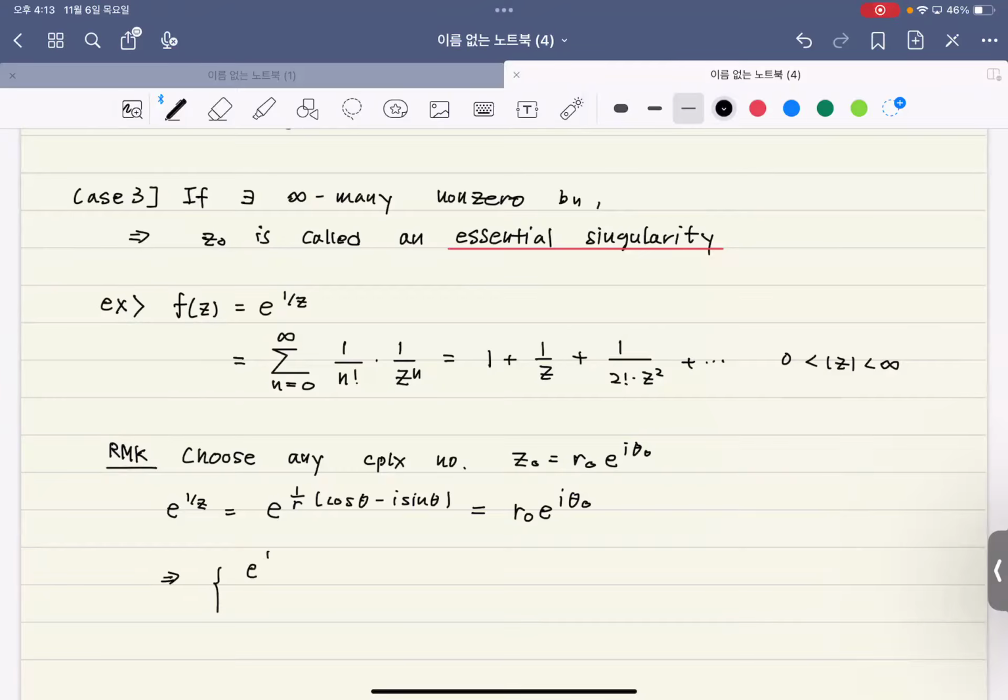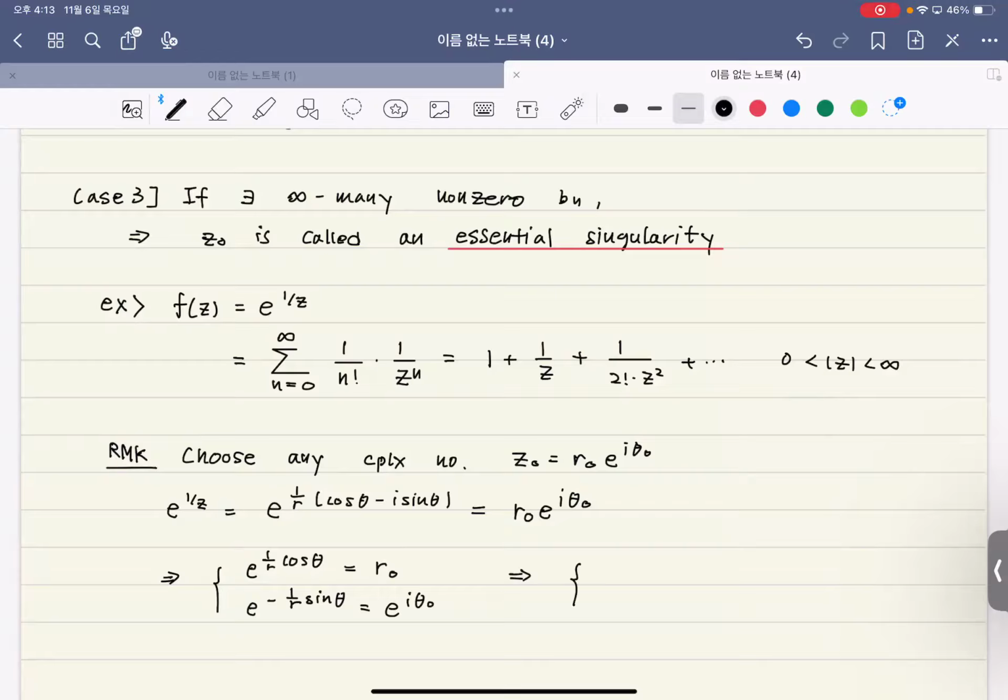I have two equations. Sorry, the real part: e to the 1 over r times cosine theta is r0, and e to the minus 1 over r times sine theta should be e to the i theta 0.